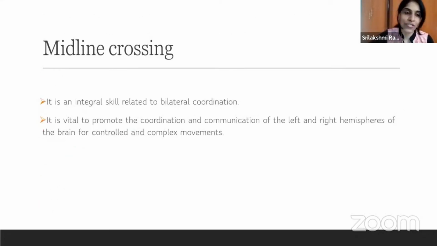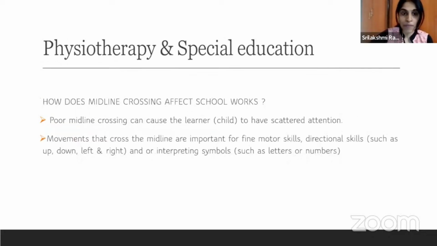And what is midline crossing? It is an integral skill related to bilateral coordination. It is vital to promote the coordination and communication of the left and right hemispheres of the brain for controlled and complex movement. So how does midline crossing affect schoolwork? Poor midline crossing can cause the child to have scattered attention.